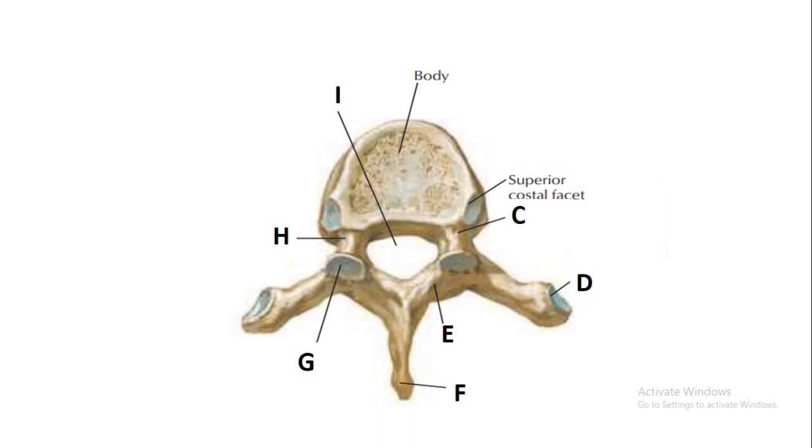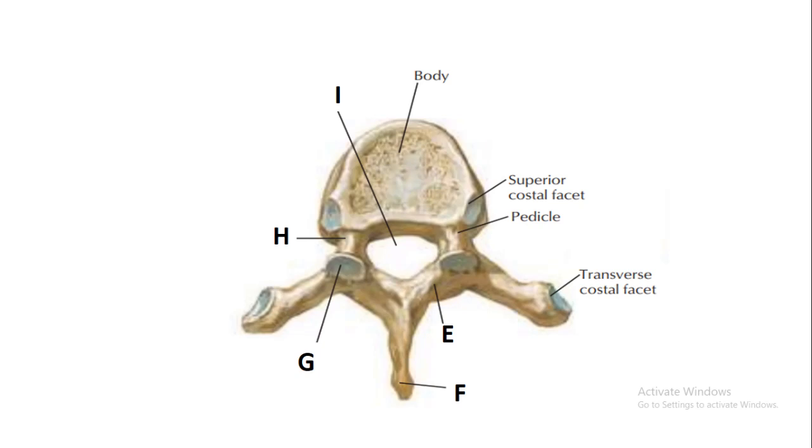Let's quickly look at C. C is just the pedicle, and then D is simply the transverse costal facet. Remember, we talked of the superior costal facet, and now we have talked about the transverse costal facet.